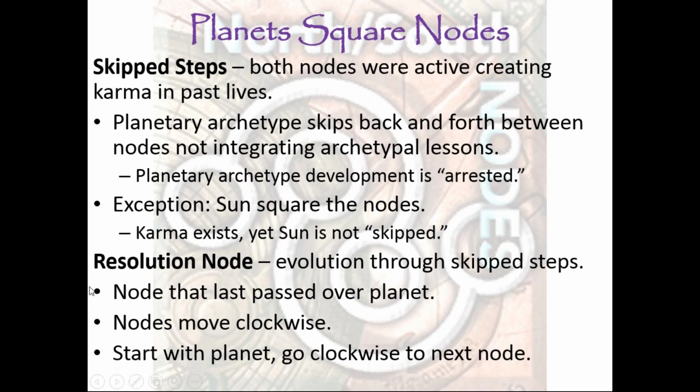And we look to the node that last passed over the planet. And remember, when we have the mean motion of retrograde of the nodes, that means they move clockwise around the circle of the zodiac. And the way that we find that resolution node, we start with the planet and we go clockwise to see which is the first node that we will come to.